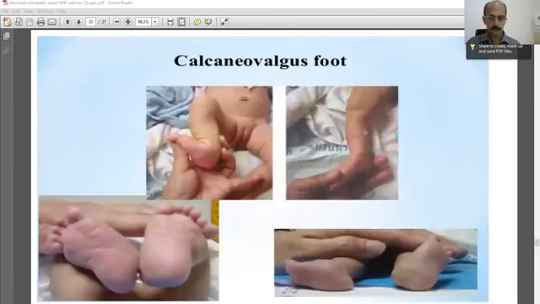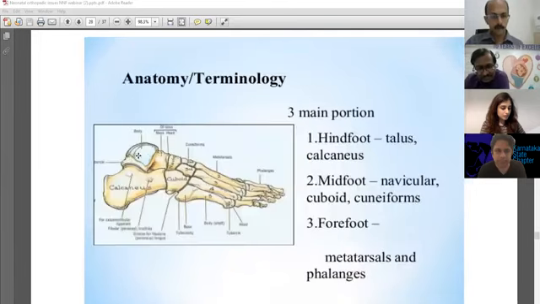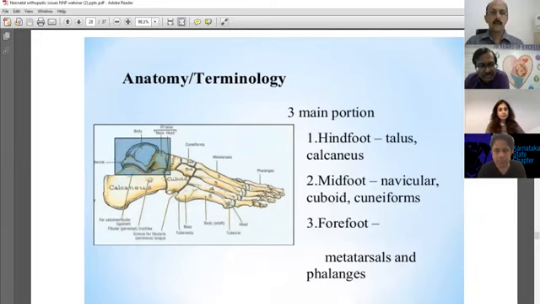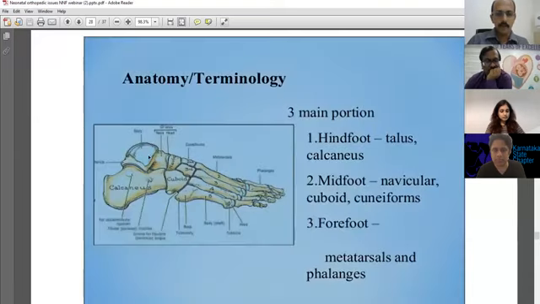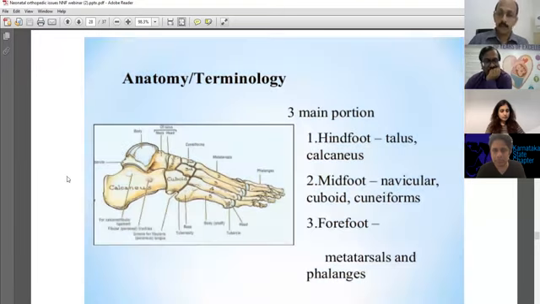In congenital vertical talus, the talus, which should be like a pyramid-shaped stone, will be vertical with the articular surface going back. The body of the talus, when it is vertical, will go back, leading to mild dorsiflexion, not plantar flexion.